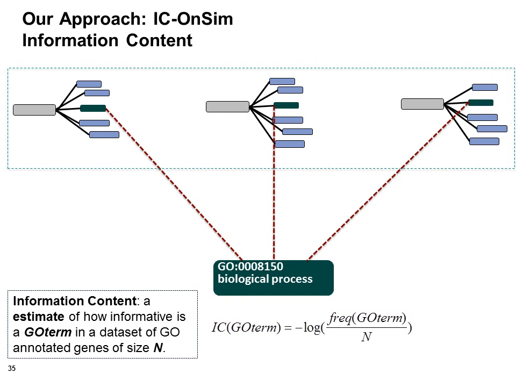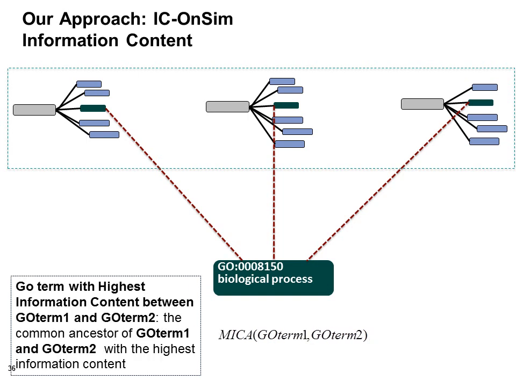Once the neighborhood is computed, information content is measured in terms of the frequency of the GO term and the number of annotated genes in the data set. MICA is computed based on the common ancestors of two GO terms and corresponds to the common ancestor with the highest information content.